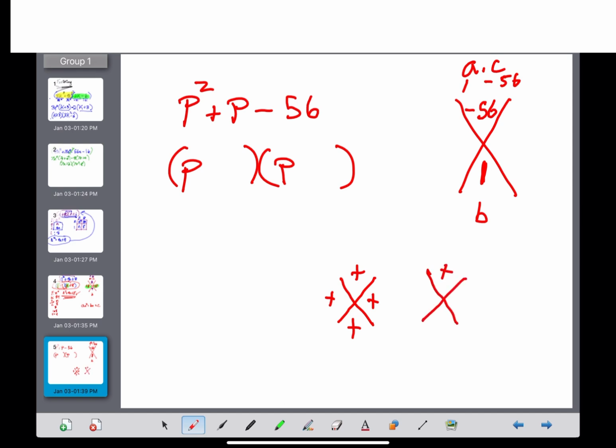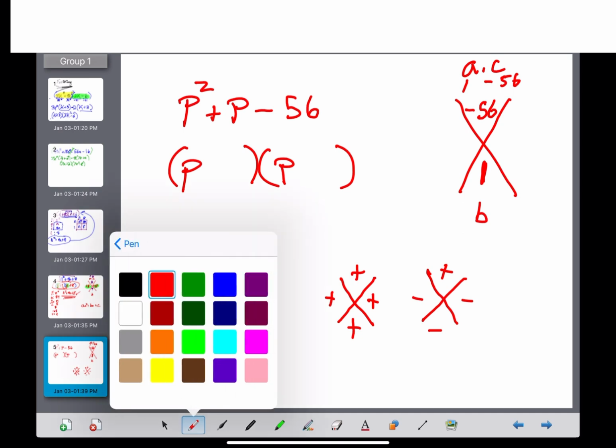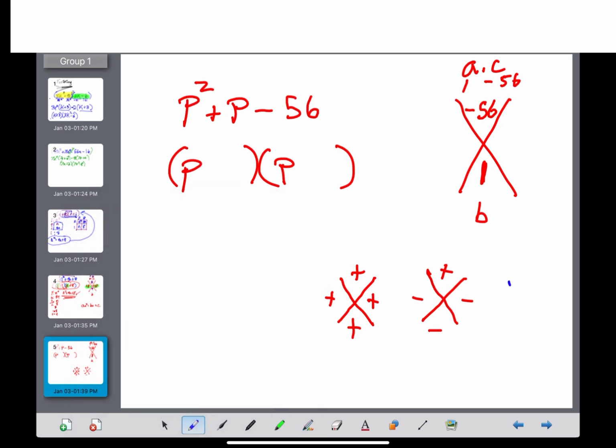If you have a positive number on top and a negative number on the bottom, both of these are going to be negative. If you have a negative number on the top and a positive number on the bottom, one is going to be negative and one is going to be positive. The bigger of the two will be positive.